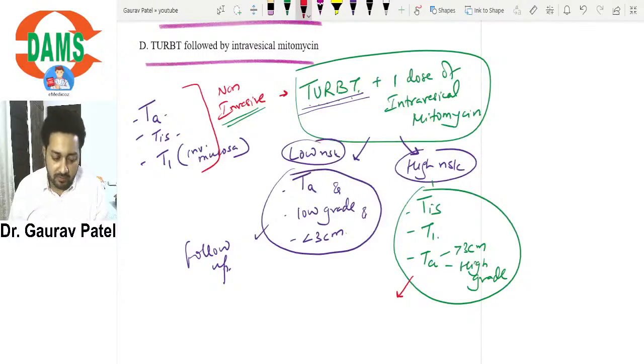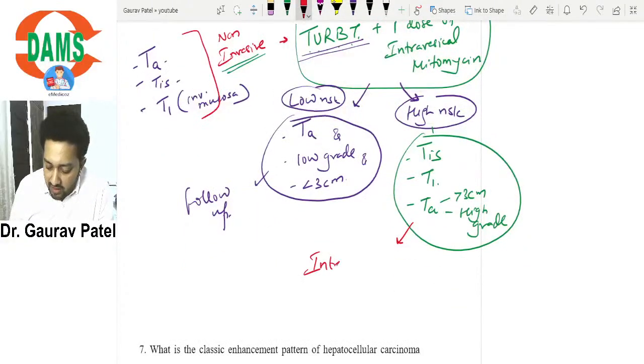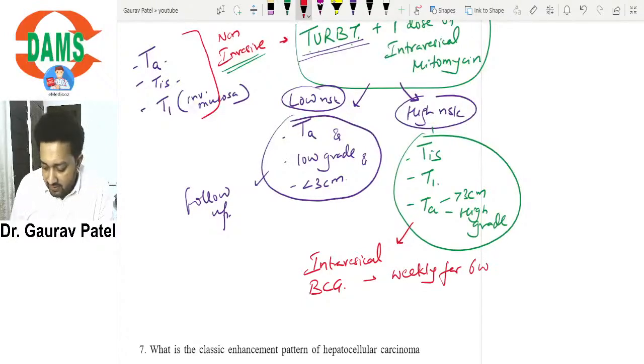intravesical immunotherapy. Giving mitomycin is chemotherapy. Now in these cases, you have to give intravesical BCG weekly for 6 weeks, followed by 3 weekly for 6 months, up to maybe 3 years.